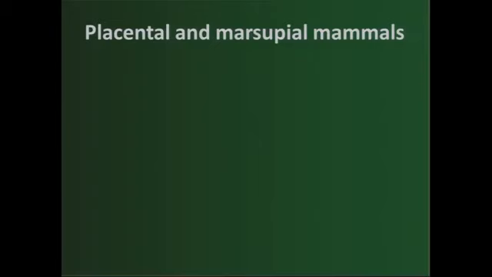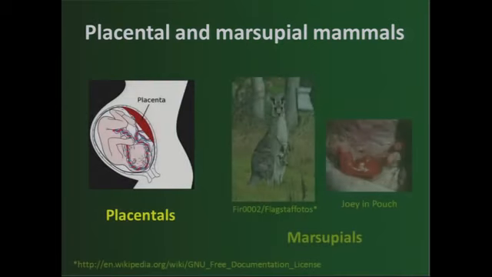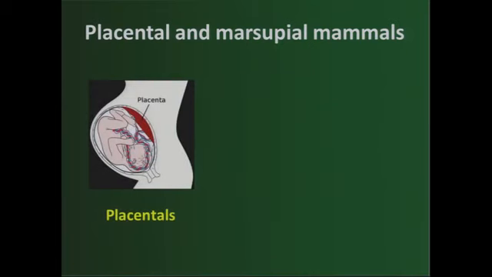Within mammals, there are two main groups, the placentals and the marsupials. Placental mammals, such as humans, complete their embryonic development in the uterus, joined to the mother by a placenta.